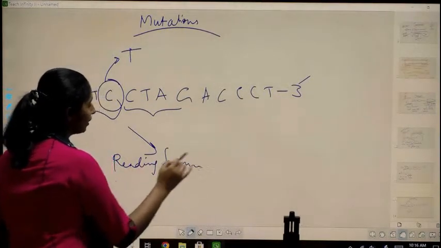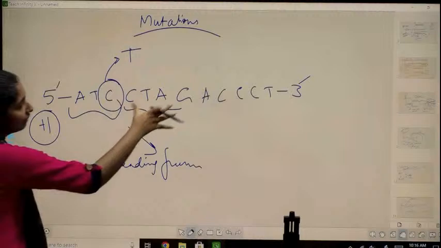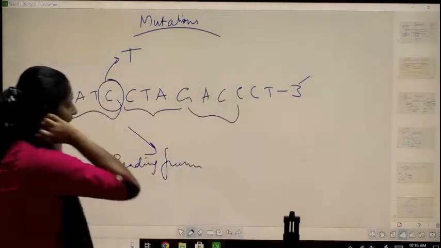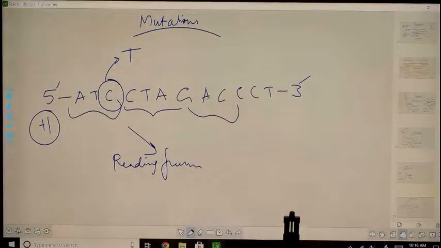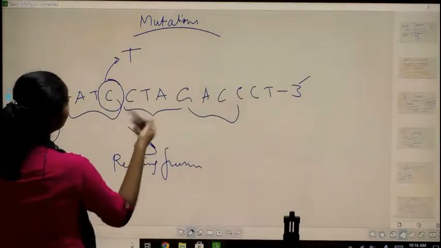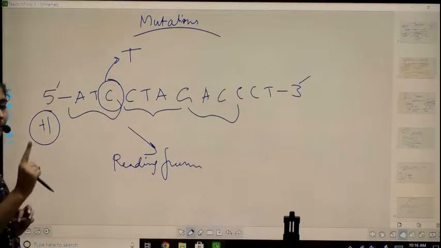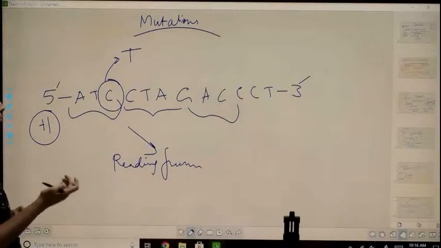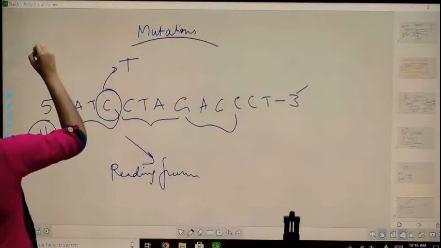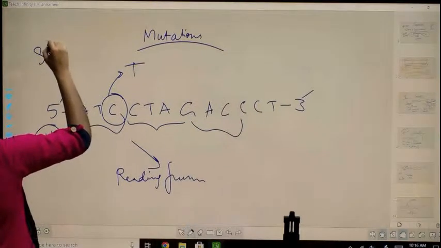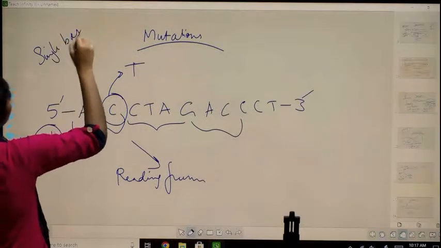No, right? Even if it gets substituted, the reading frame remains the same. The reading frame is not disrupted, right? So such kind of mutations where just one base pair is mutated are known as single base pair mutations.